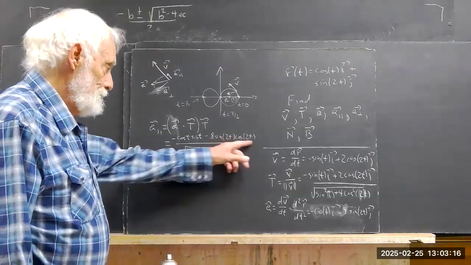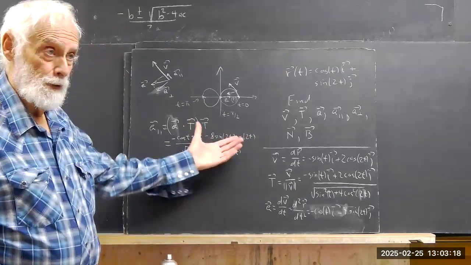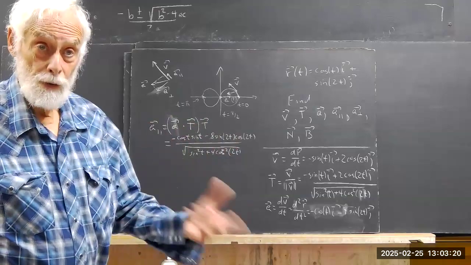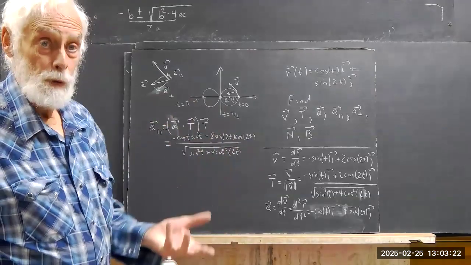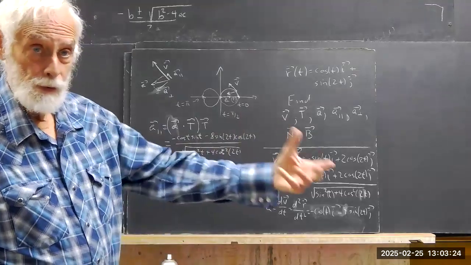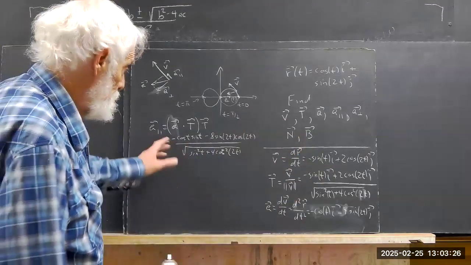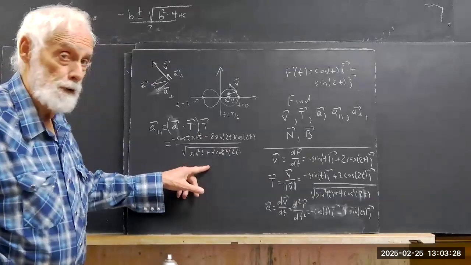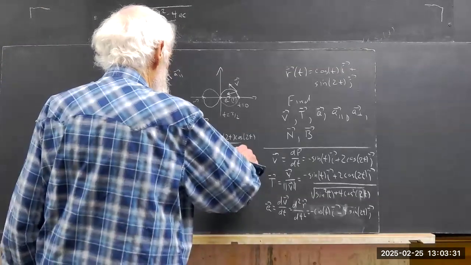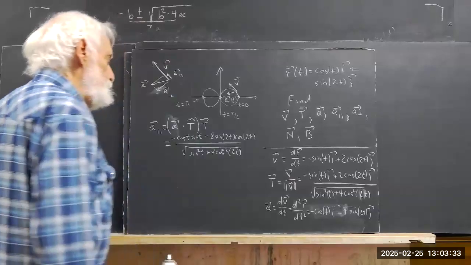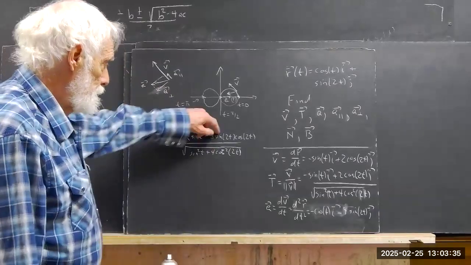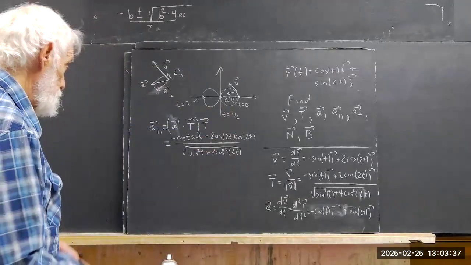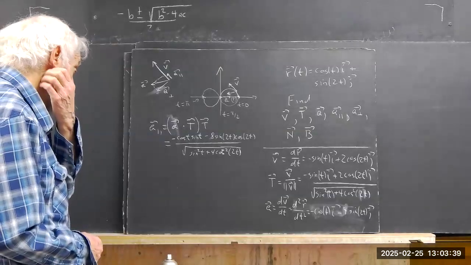Now you can use double angle formulas to simplify this in terms of sines and cosines, and normally maybe you would do that so you can see more about the structure of it. Right now we're just talking about how you calculate it. There's some simplification if you use your double angle formulas for sine and cosine.